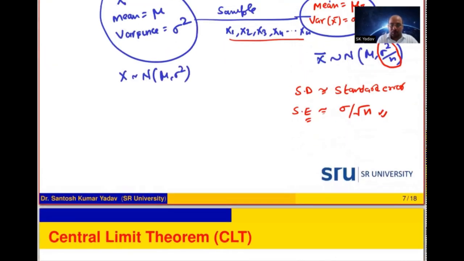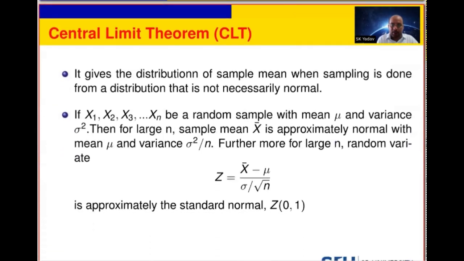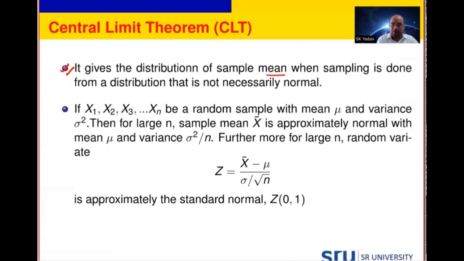And this states whatever we have covered so far. The theorem statement is that it gives the distribution of the sample mean when the sample is drawn from a population which is not necessarily normal. So far we have seen that if the population is normal, the sample mean distribution is normal.